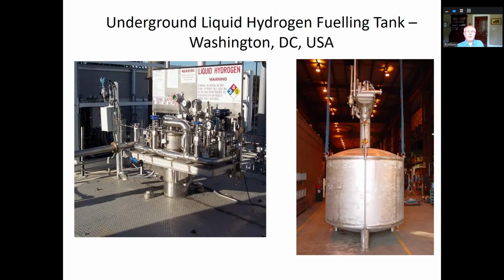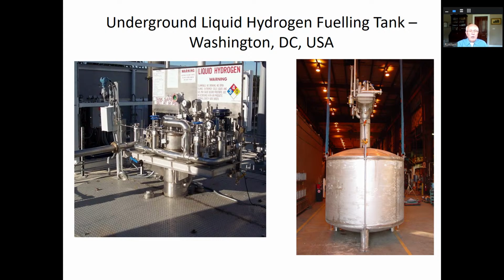And this is the Washington DC fueling system. There's an underground liquid hydrogen tank, and above ground is a valve and instrumentation package. Liquid hydrogen is a complicated material, and it needs a bit of care and attention. So this is the sort of structure that you need for the valves and the safety devices and the instrumentation.